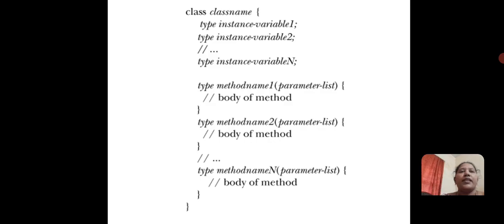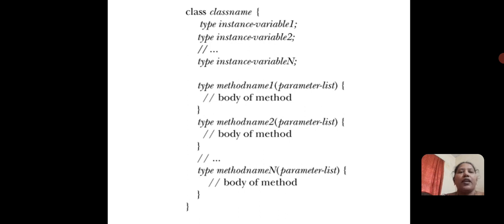So this is the syntax for defining a class. First is the class keyword, followed by the user defined class name, the name that can be given by the user, and within that class you can have an instance variable, that is a, and its type will be int.